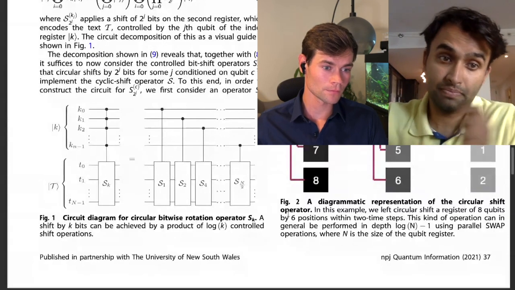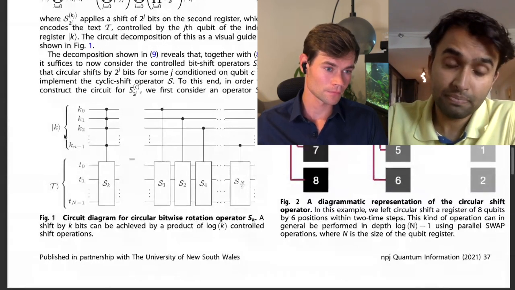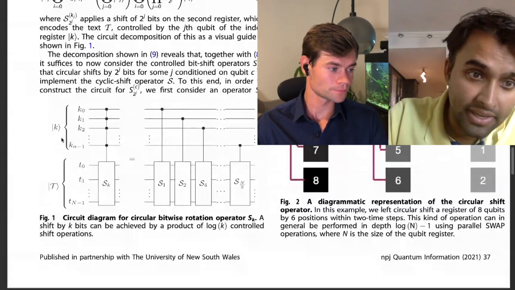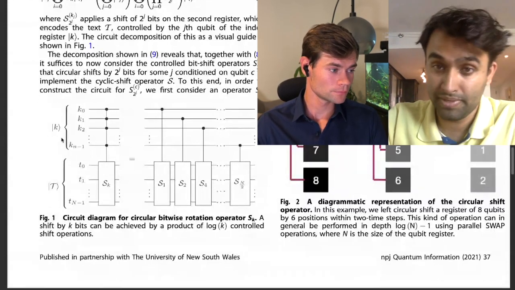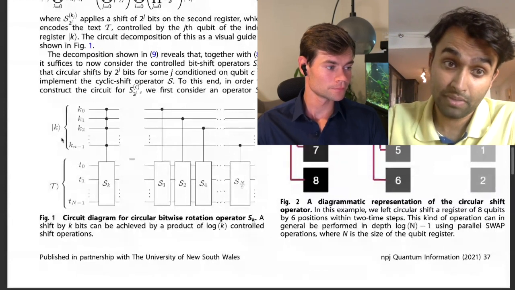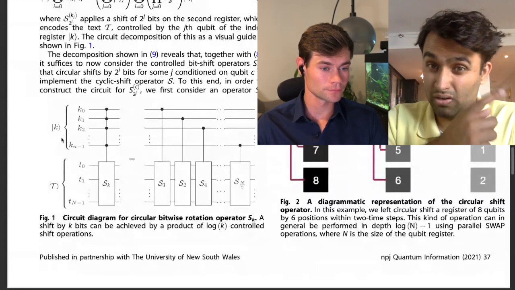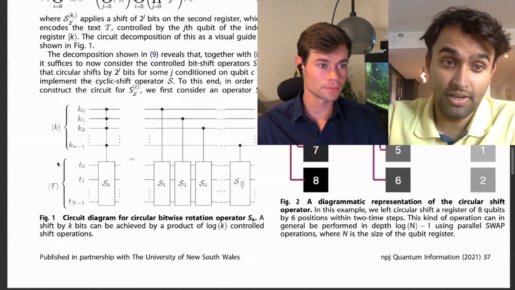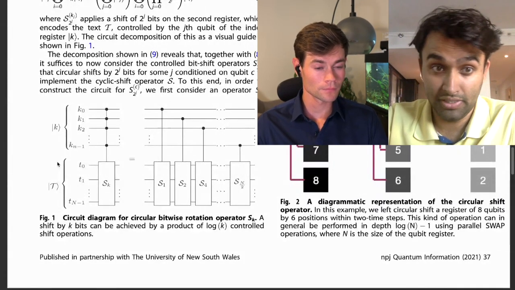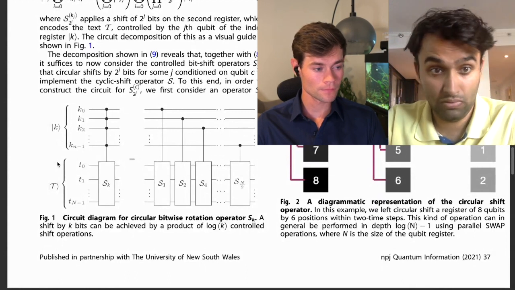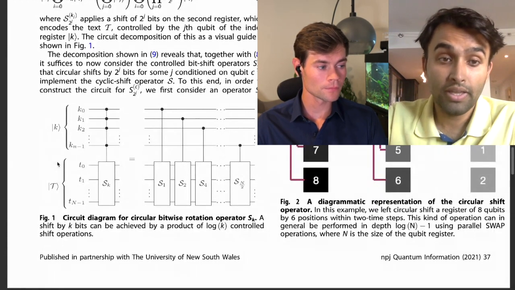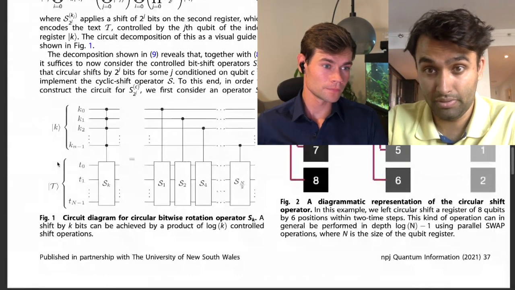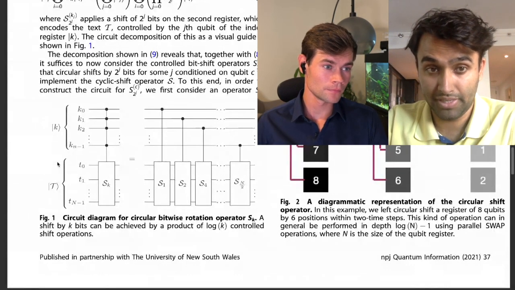So here in Figure 1, I have K0, K1, K2, up to Kn-1 representing what I call index values, and my string is encoded in T0 to T capital N-1, and I want to rotate the string based on my data in the index value.